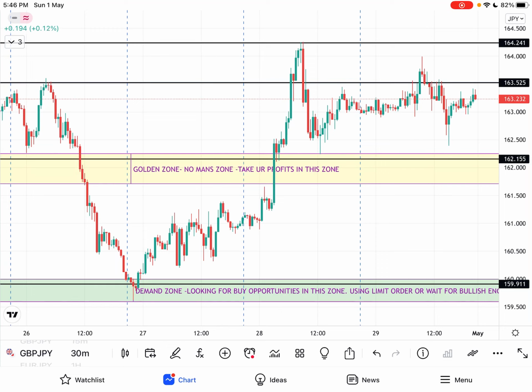Okay, so now I've done drawing our golden zone using our Fibonacci. We've drawn our demand zone using the last bearish candle before the bullish move up. To draw the supply zone, we look at the last bullish candle before bears took over the market aggressively, bringing the market down.